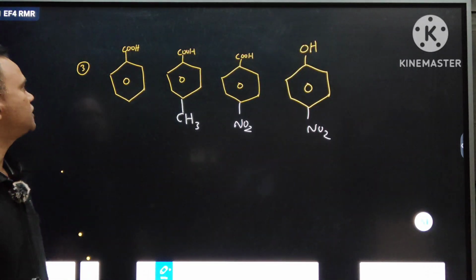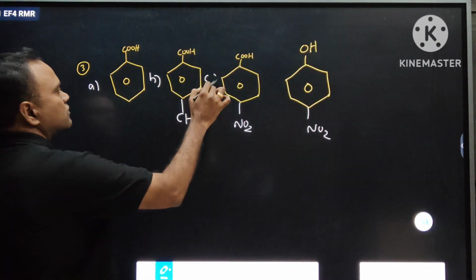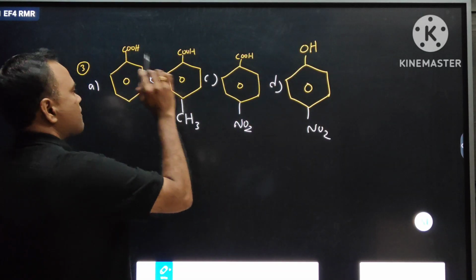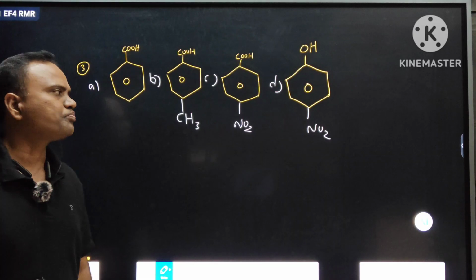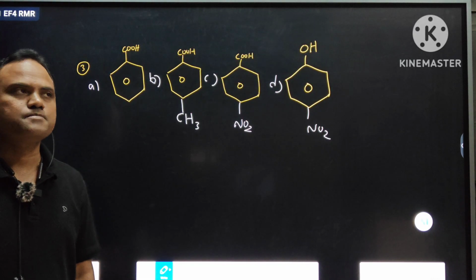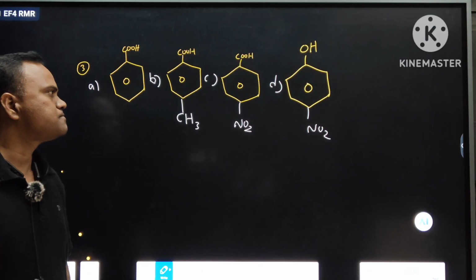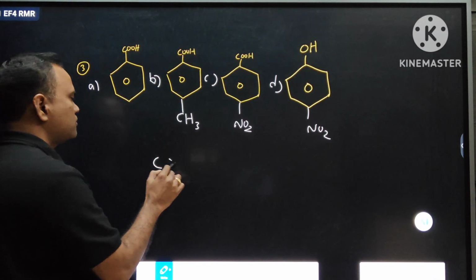Let us compare. This is a very tough question. A, B, C, D, acidic nature order. Can you try? C, D, B, A. How many of you?